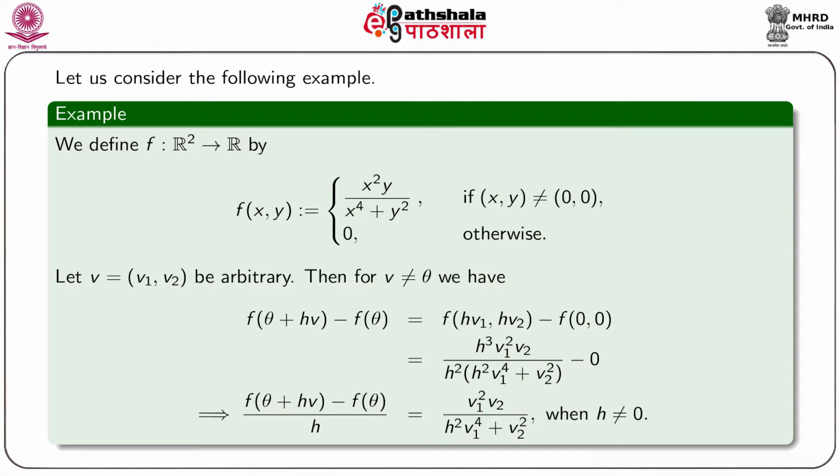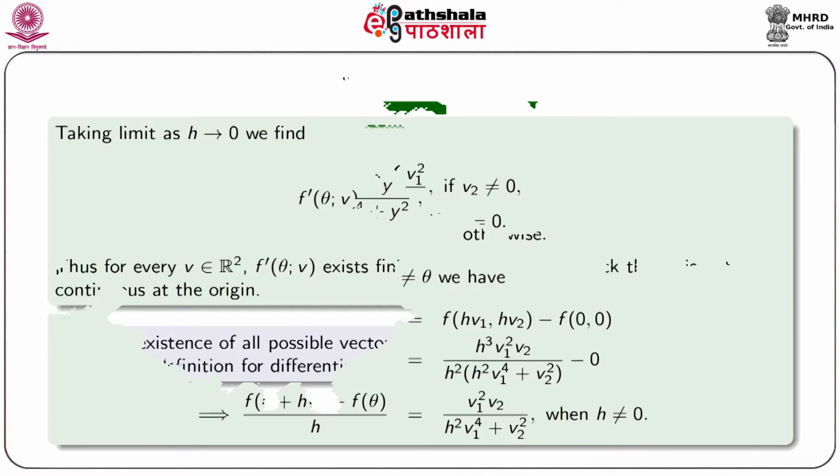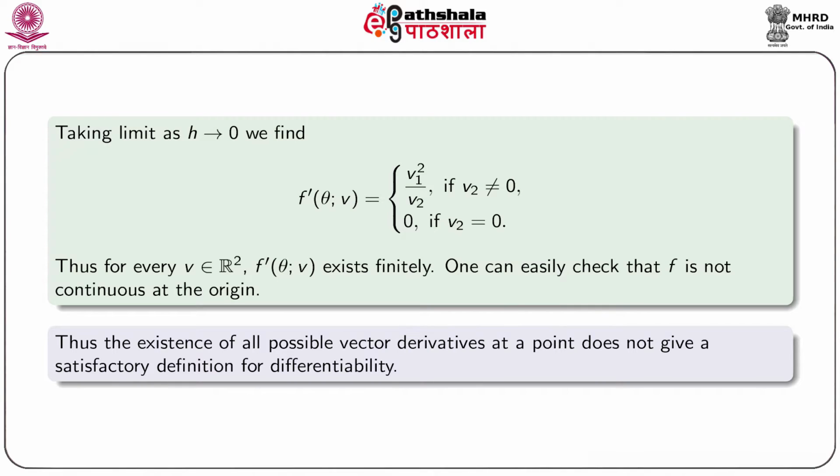So definitely the function f is not continuous at the origin. Thus we cited an example in which all the vector derivatives exist at origin, but the function is not continuous at the origin. So we conclude that the existence of all possible vector derivatives at a point does not give a satisfactory definition for differentiability.